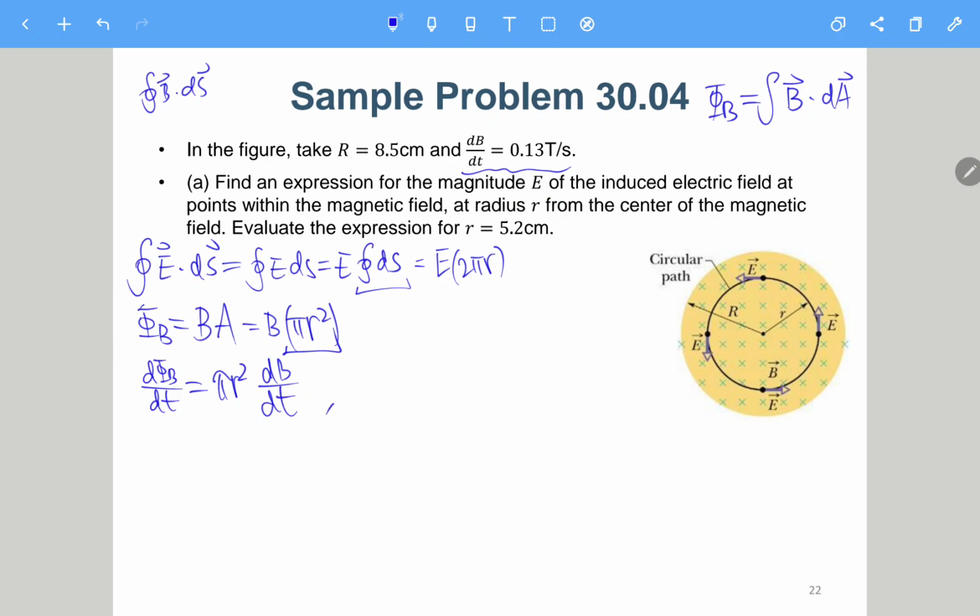So we can just plug these two things into Faraday's law. Faraday's law is the integration of E dot ds equals negative dΦB/dt. On the left side it is E times 2πr, and then equals negative πr² dB/dt.